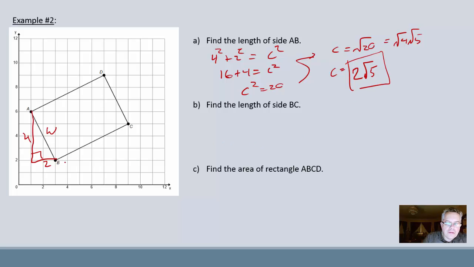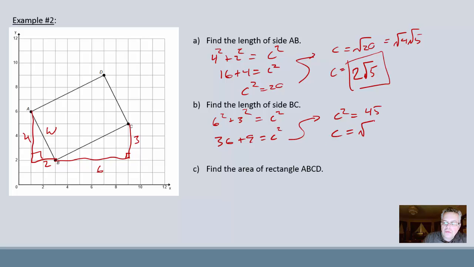Let's find the length. This side is 1, 2, 3, 4, 5, 6. This one's 3. So 6 squared plus 3 squared is c squared. 36 plus 9 is c squared, so c squared is 45.